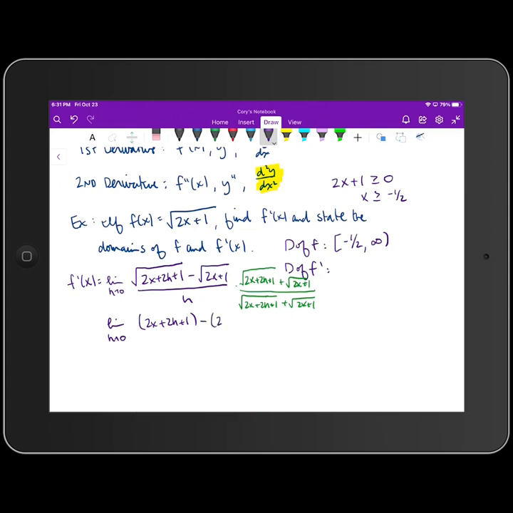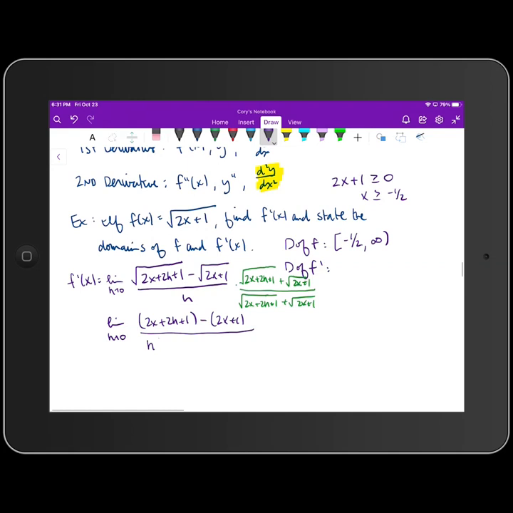Rad 2x plus 1 squared becomes 2x plus 1. So we have to make sure we subtract that entire quantity. And then on bottom, we have h times rad 2x plus 2h plus 1 plus rad 2x plus 1.